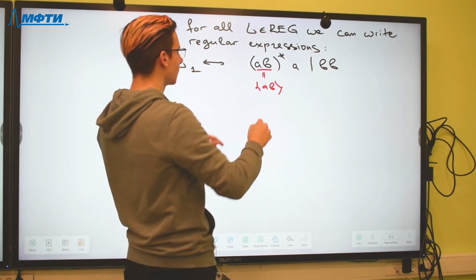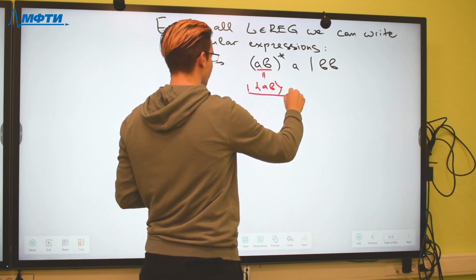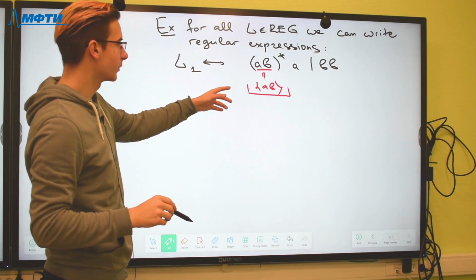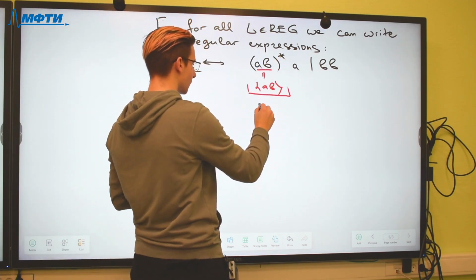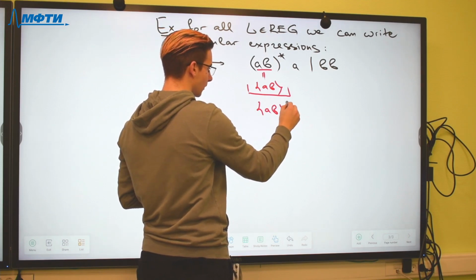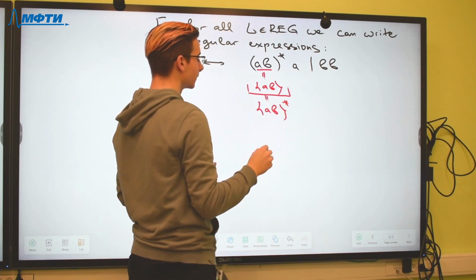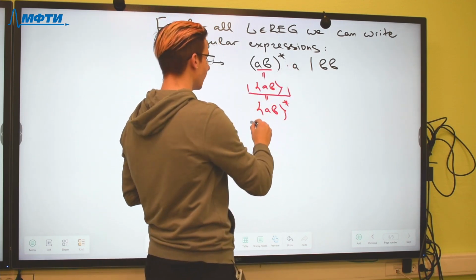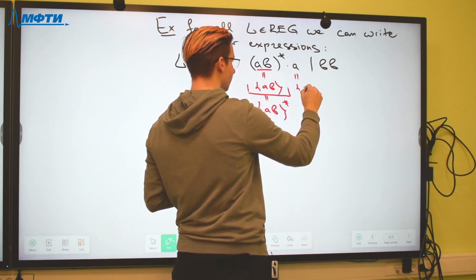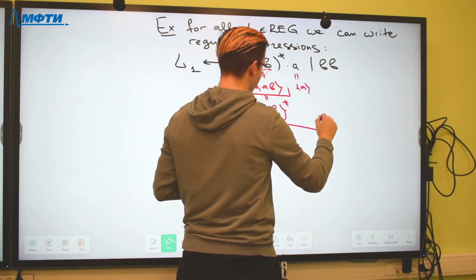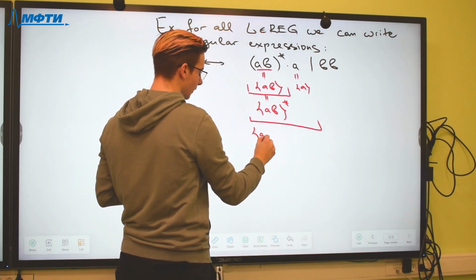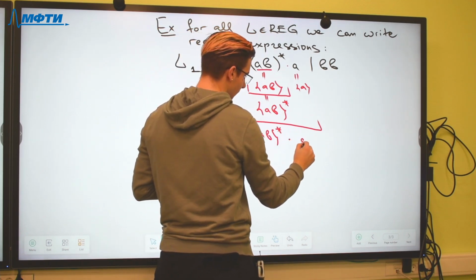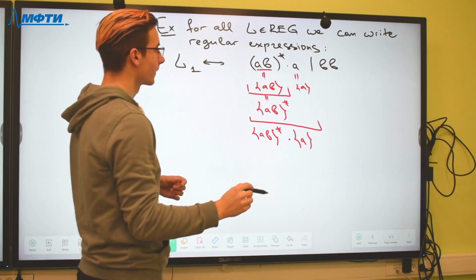Then this part of the expression is equal to the language that we can construct by the Kleene star of this language. Then we can concatenate this language with the word A. It is the concatenation of these two languages.